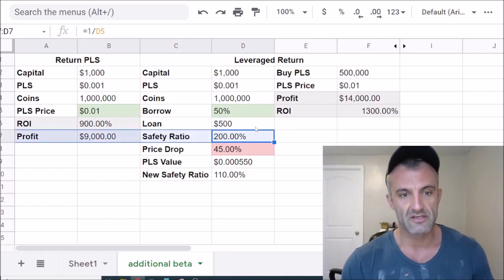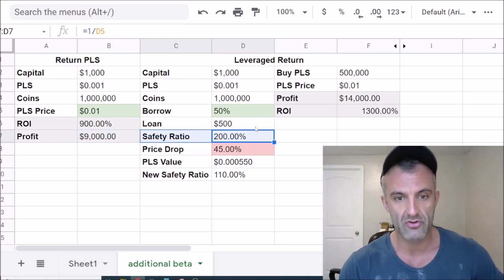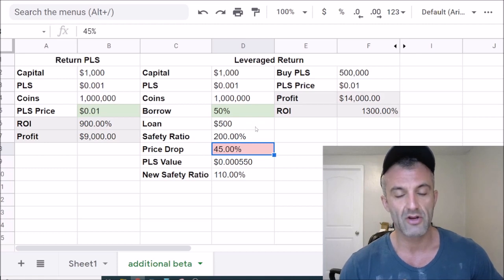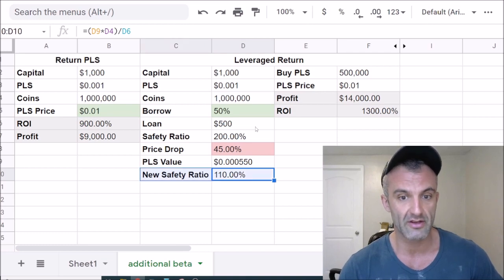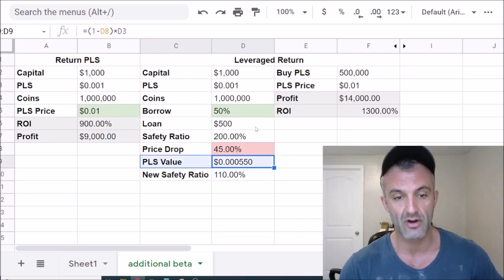I'm not saying this is a good idea for you to do. I'm just going to show you the numbers, and we'll run a couple of scenarios. This is 200%. If the price drops by 45%, so the price goes from where it is right here at 0.001 cent down by an additional 45%, you reach the safety ratio of 110%, where you're going to be liquidated.